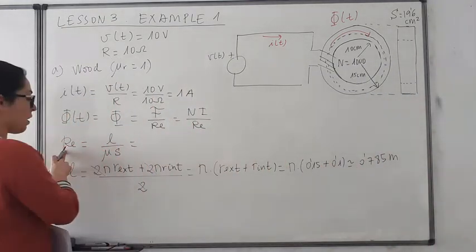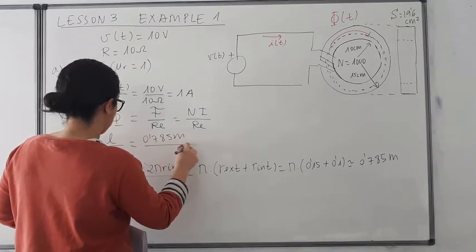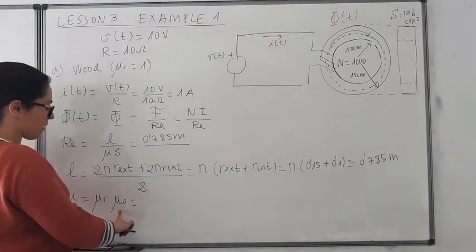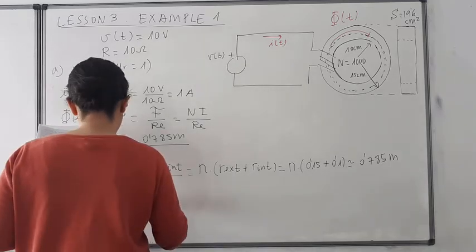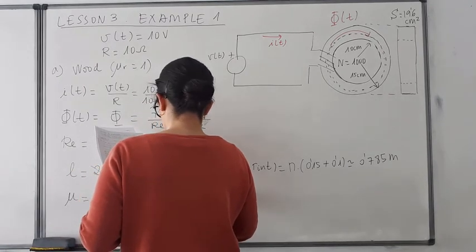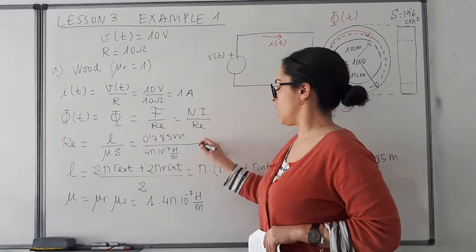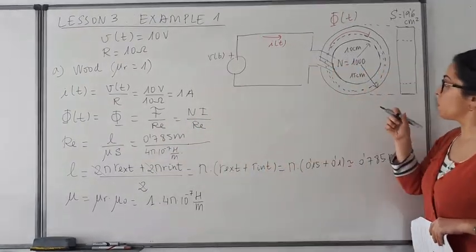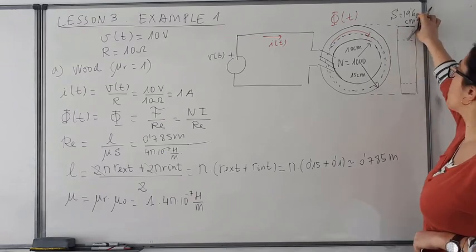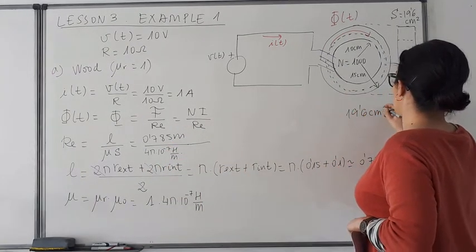That is the average length of the path which is carrying the magnetic flux. So there you go, and you can obtain the reluctance. The reluctance is that length divided by the permeability, which is the relative permeability multiplied by the permeability of the vacuum. So that is 1 multiplied by 4 pi 10 to the minus 7 henries per meter. And you need to multiply by the cross-section. That is the cross-section that we have in the statement of the problem, 19.6 square centimeters.